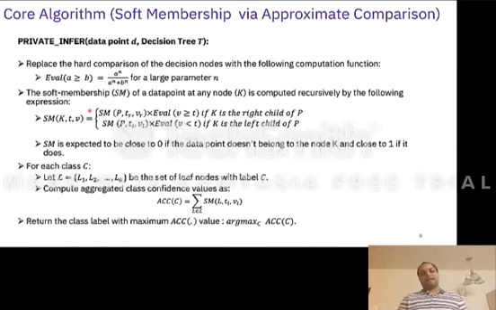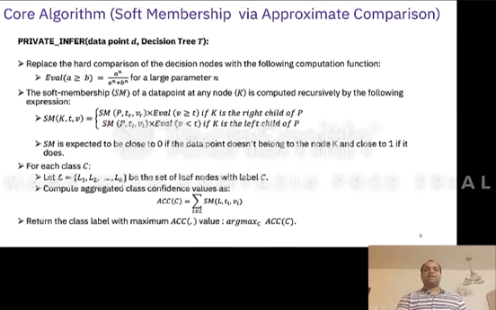And then you can compute the soft membership of a data point at any given node k in the following recursive fashion. If p is the parent of the node k, then you look at the soft membership of the data point belonging to p, and then evaluate b greater than or equal to t, and take a product of these two, and that would give you the soft score for the node k.